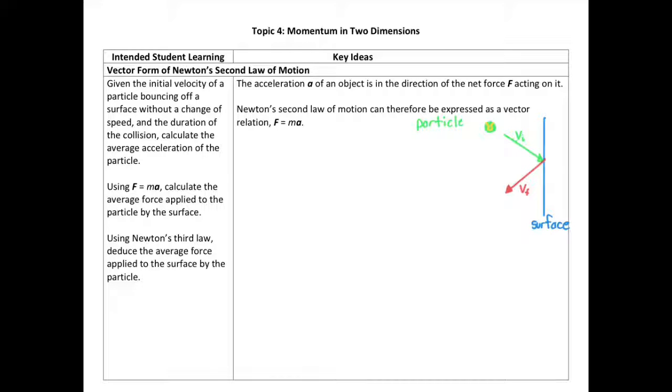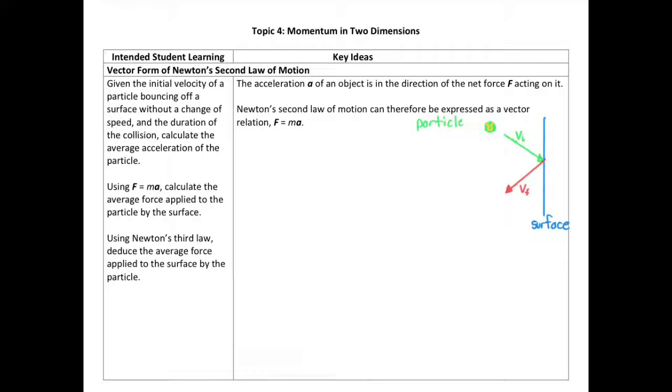So let's just consider a fairly simple situation here. We have a particle, and that particle could be like a tennis ball, and it's bouncing off a surface, which could be a wall. So we talk about surfaces and particles here in our intended student learning, so that's why I've used that language.